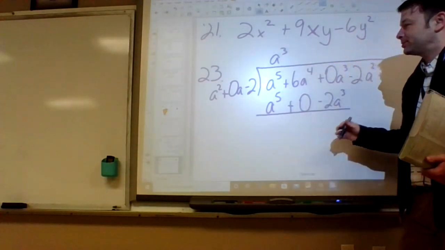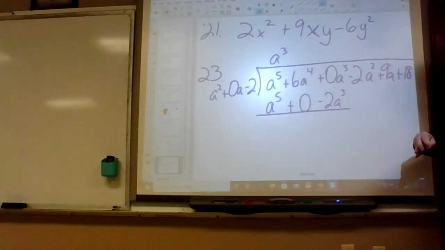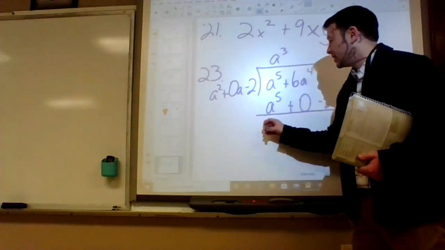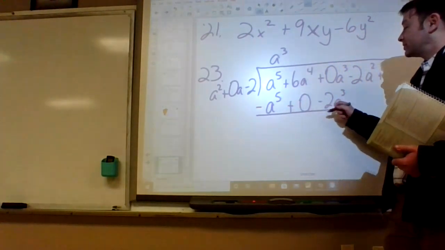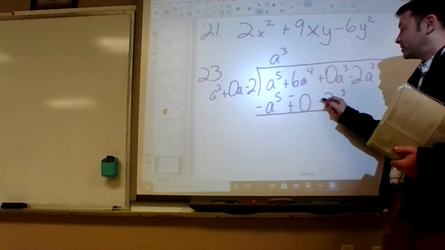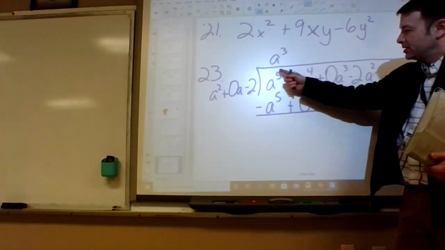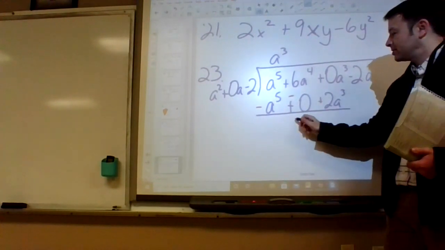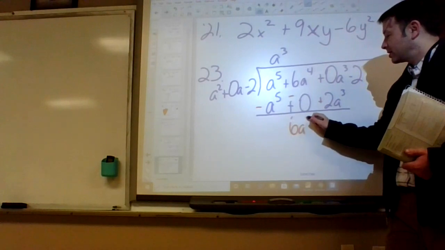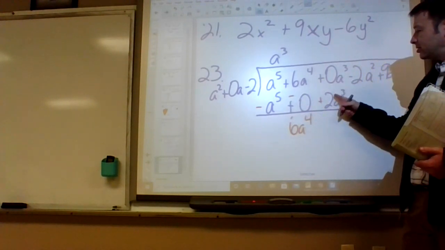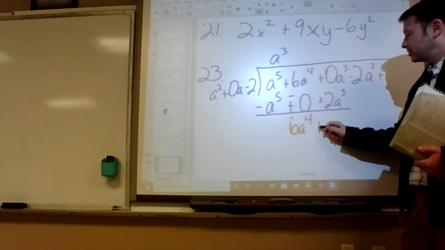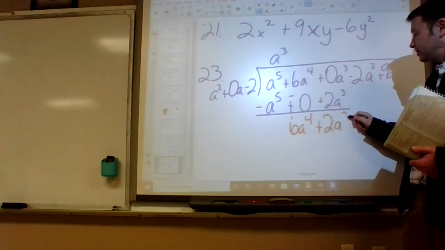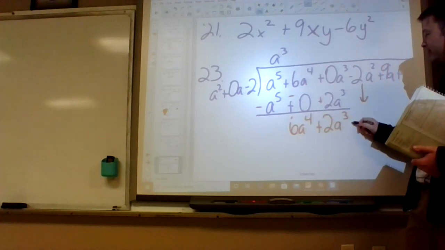Remember that we're actually subtracting the bottom line now, so not just this, we're subtracting all of it. A minus becomes a plus. The a to the 5ths go away. 6a to the 4th minus 0a cubed plus 2a cubed. Bring down the next term.